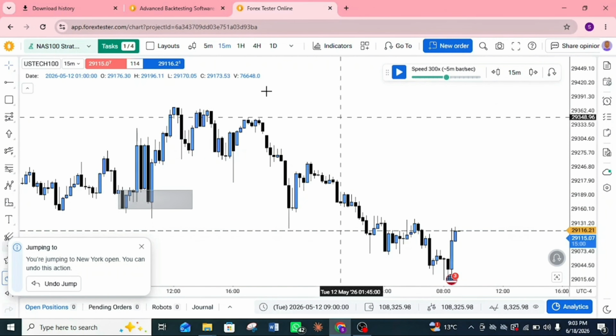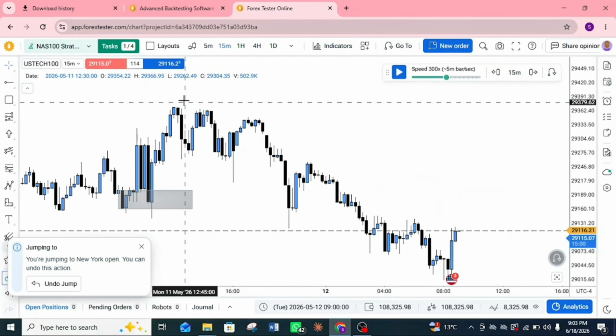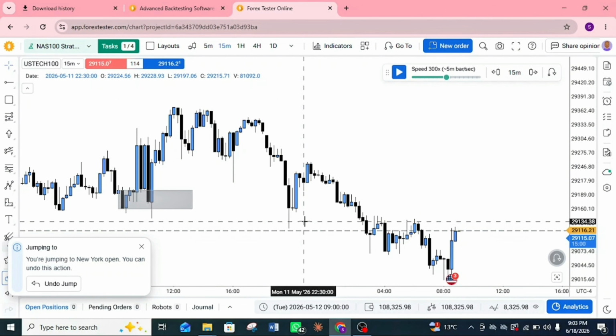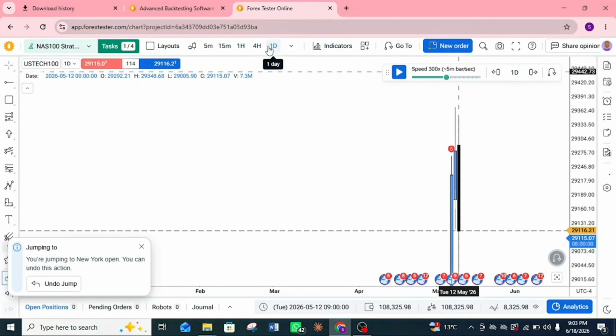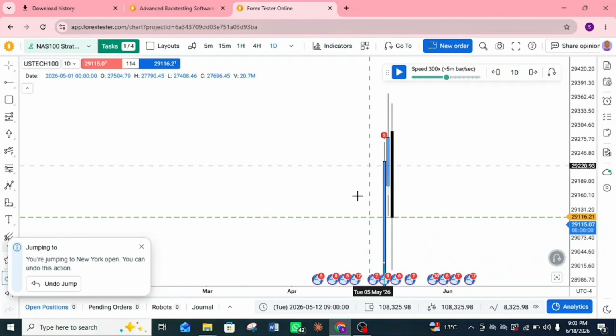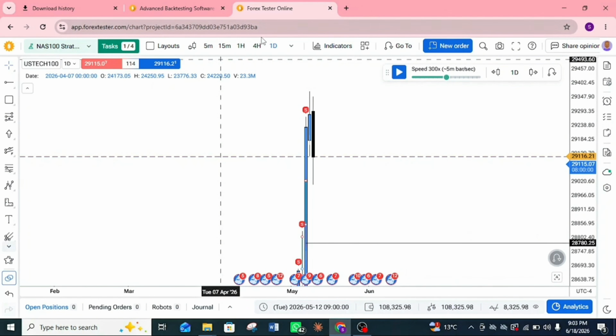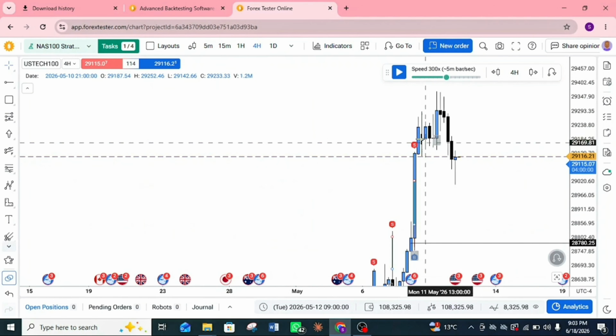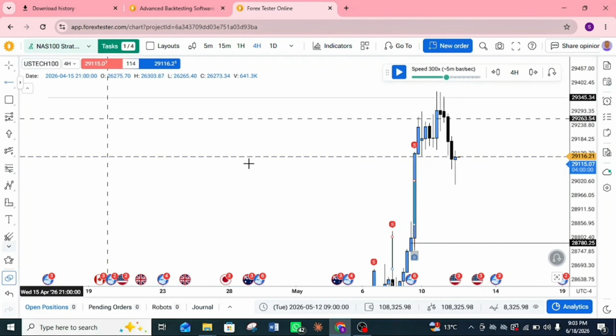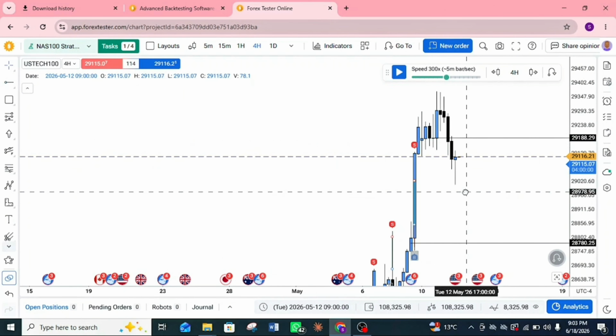Next New York session. Okay, you see price did go up and then came down. So on the daily chart, yeah, we are still bullish. We have a fair value gap, but on the 4-hour now, we're actually not bullish, we are bearish.